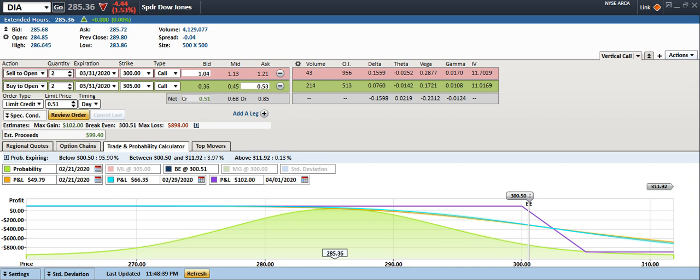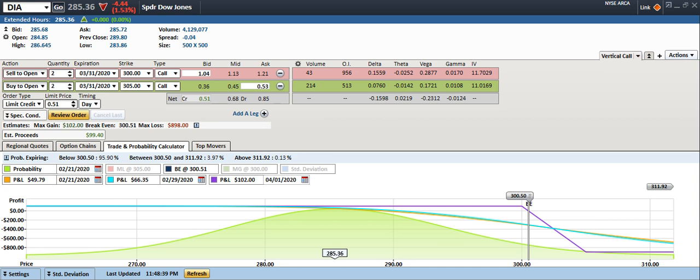Based on implied volatility levels of the call options in the Dow Jones Industrial Average, they're about 11 right now. So the expected profit and loss if you were to close the trade on February 21st would be about $50. So it'd be roughly about half of your upfront credit that you earned when you sold the call spread.